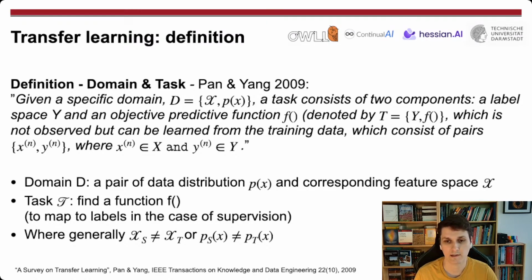In the supervised case, this is, for example, classification or something similar. But generally, given the definition of the previous slide, that the source and target domain or task are not the same, what we can say is that either the source and the target feature space or the source and the target data distribution will change if we say that the domain shifts.